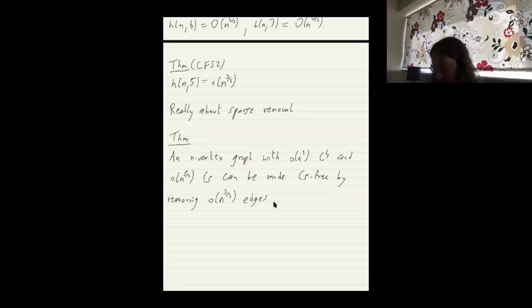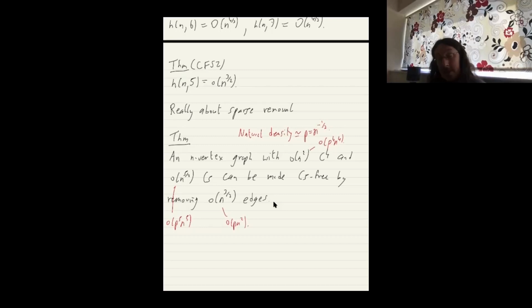So the natural density here is p equals n to the minus a half. And if you think of that, then this is actually little o of p^4 n^4, this is little o of p^5 n^5, and this is little o of p n squared.